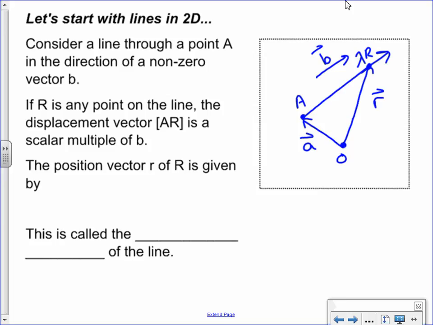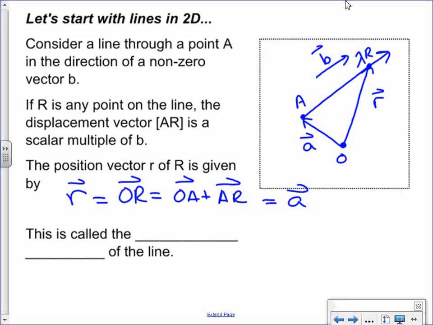So would you agree that the vector OR, which, as you recall, is OA plus AR, right? And then just change it to simple form. You have R equals A plus lambda B. Looks horrible? Not really.